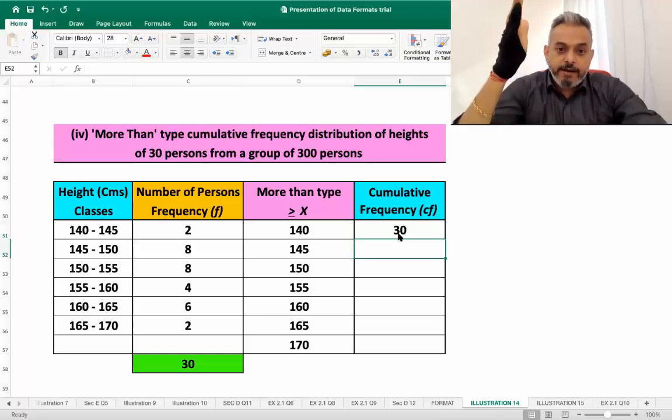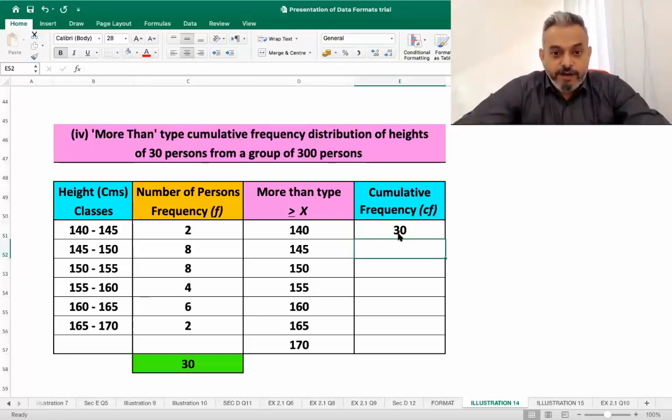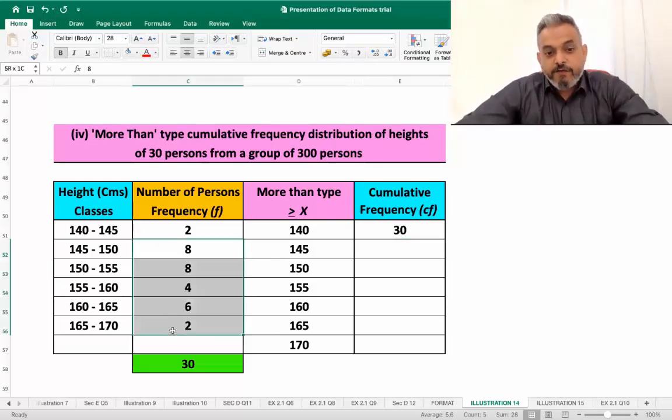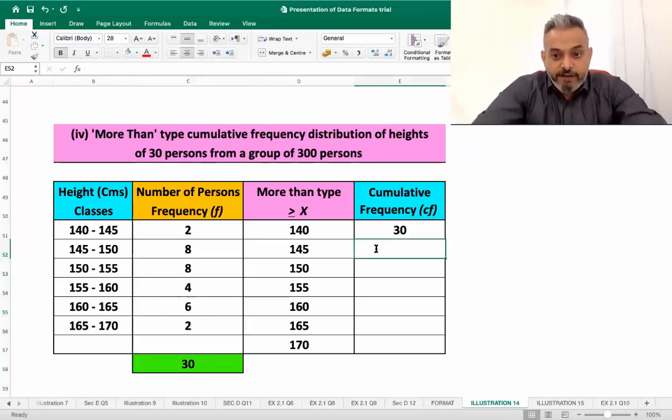Now more than 140, there are 30 persons. Now 145, more than 145. So these remaining, so either you can do 8 plus 8 plus 4 plus 6 plus 2, or you can do like this, 30 minus 2, which is equal to 28. Then 28 minus 8, which is equal to 20.